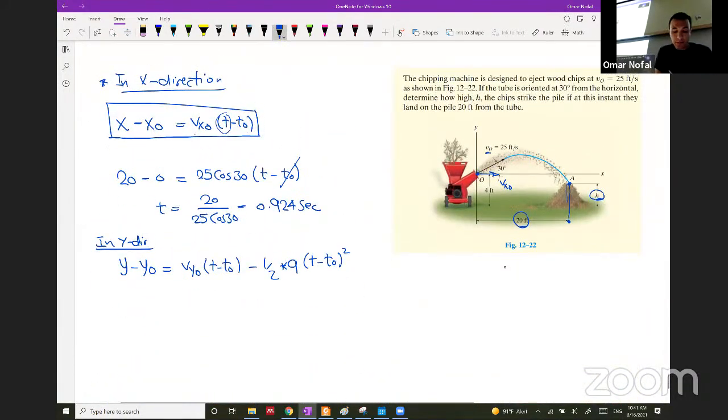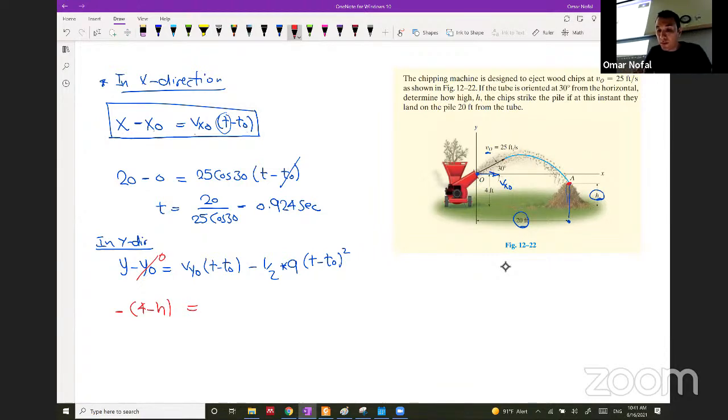Then if you want to solve for this, let's see what we have here. The y node is 0. What is the y at this location? It should be negative, negative 4 minus h, and that should equal the vy node times the time.